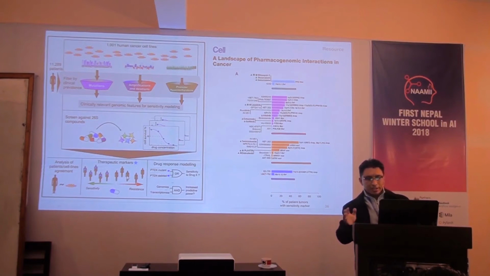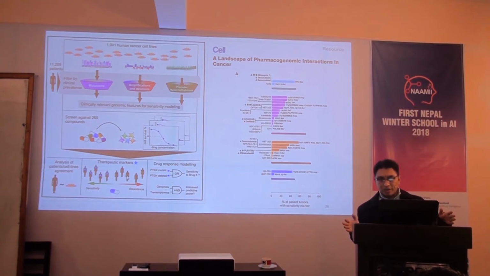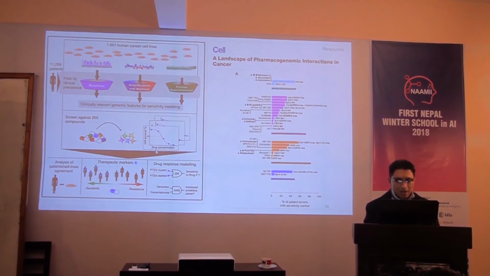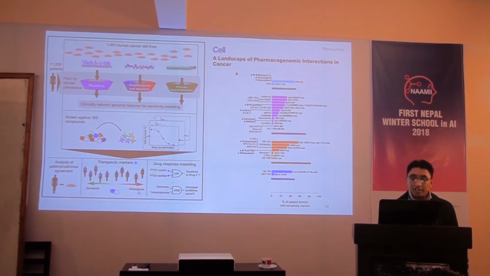So this is a very classic machine learning problem where you can model this data using, say, logistic regression modeling, right? So you try to identify which individuals are responding or sensitive to the drug, and which patients are resistant to the drug.